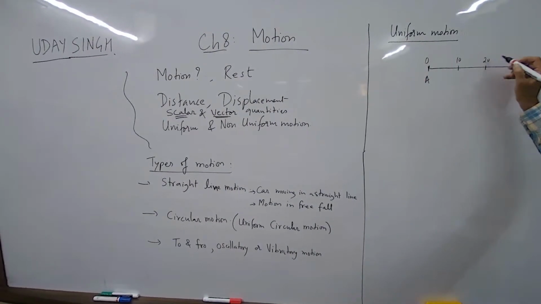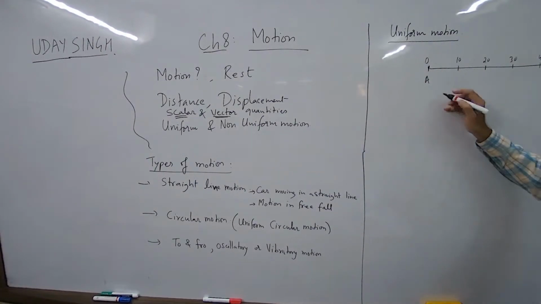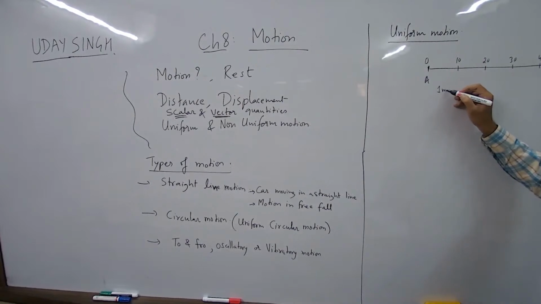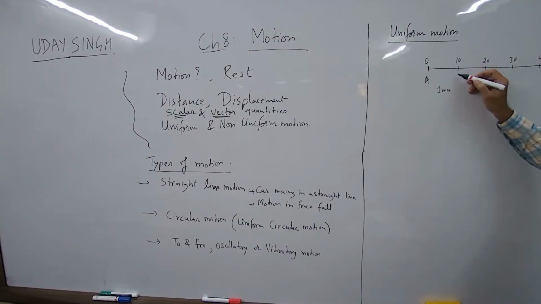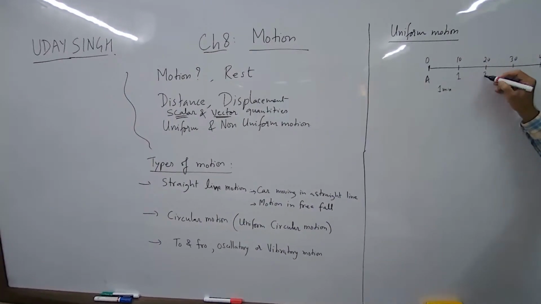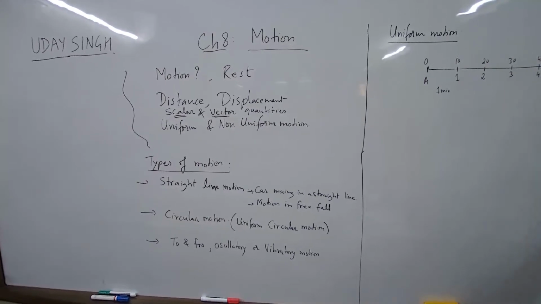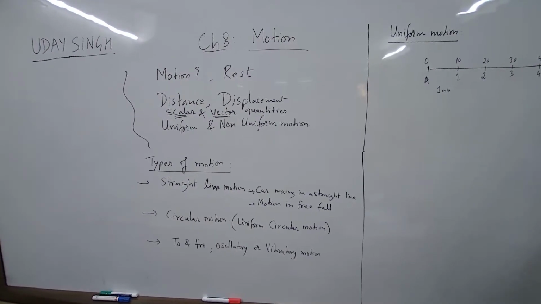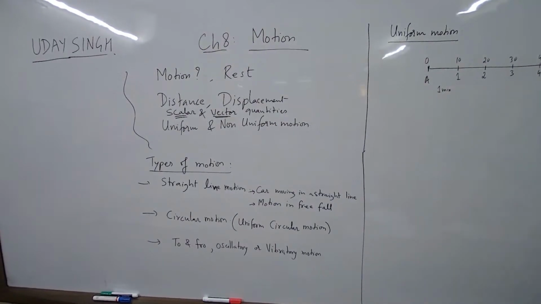And let us say the body travels 10 meters in 1 minute. Okay? It covers 10 meters in 1 minute, 20 in 2 minutes, 30 in 3 minutes, 40 and 50 in 4 and 5 minutes. So this is the time taken to cover 50 meters.